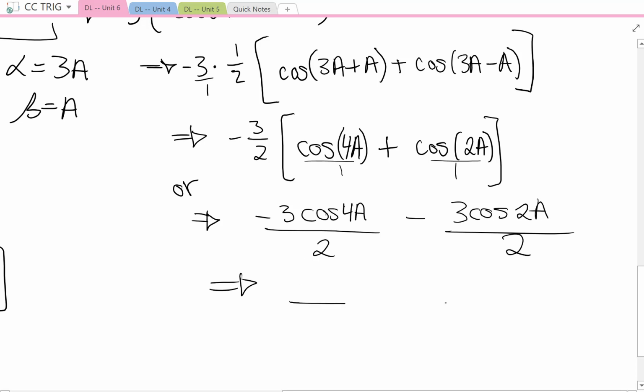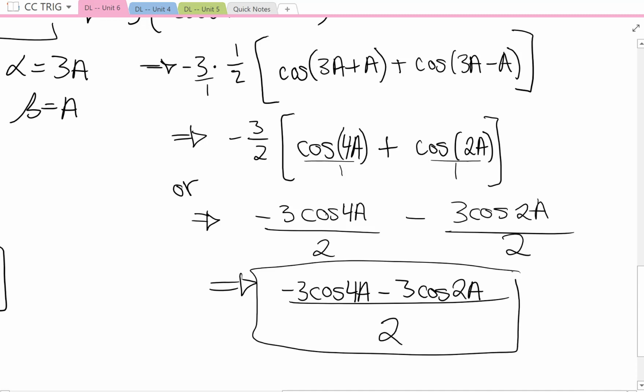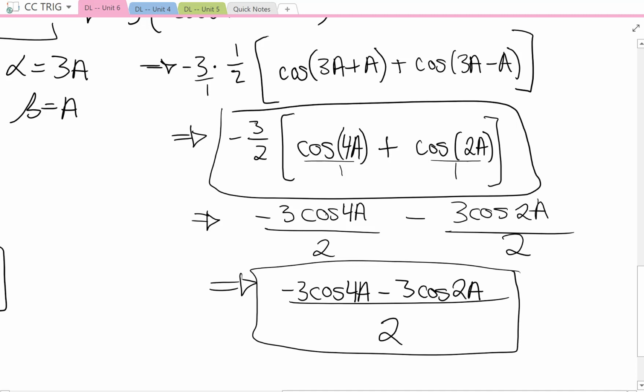And the answer key writes it as one fraction, so combine these two. -3 cosine 4a minus 3 cosine 2a all over 2. So you have an acceptable answer here, and you have an acceptable answer here.